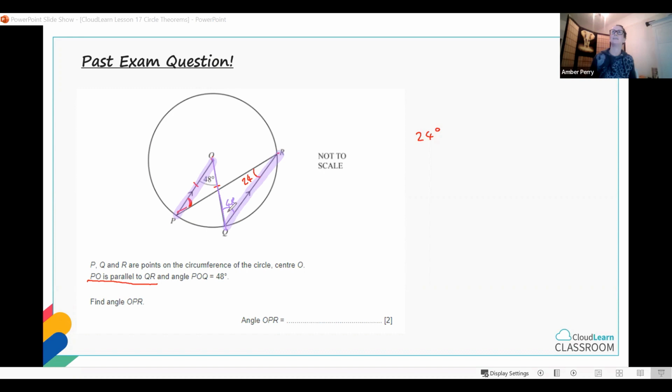So we've got that one is 48, that one is 24. Now we can go ahead and work out which angle. Well, we can work out, I'm going to get a different color. This angle, using our angles in triangles, okay, because they're all in a triangle now.